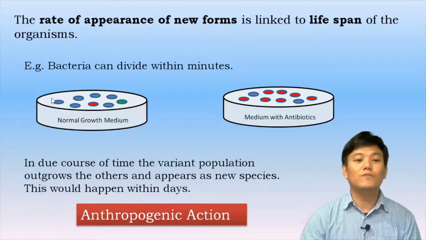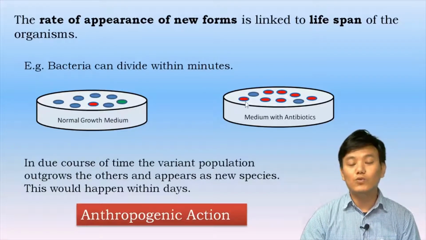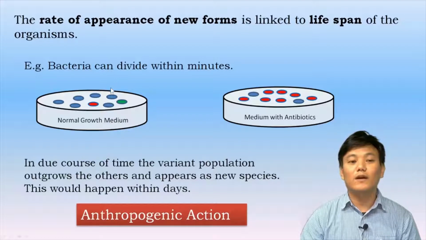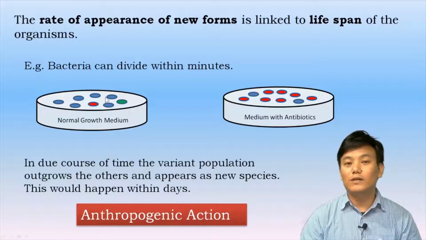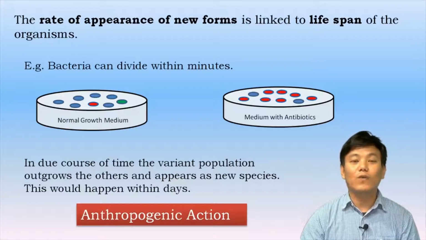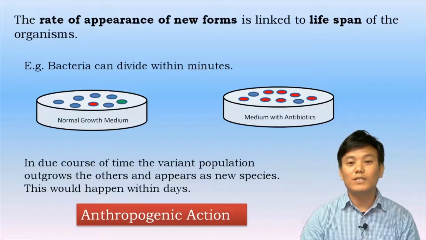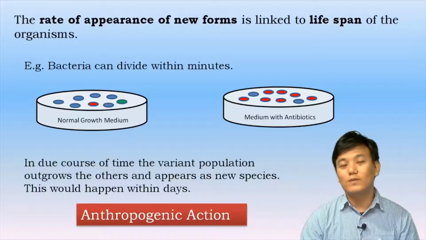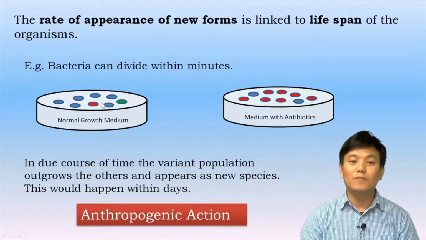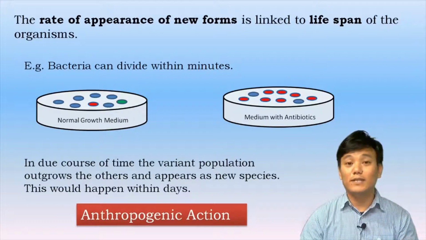This also holds true for the appearance of insecticide resistant mosquitoes. You can read about some historical aspects of the use of DDT. DDT was introduced because mosquitoes spread various diseases like malaria. So in order to control mosquitoes, they used pesticides like DDT.